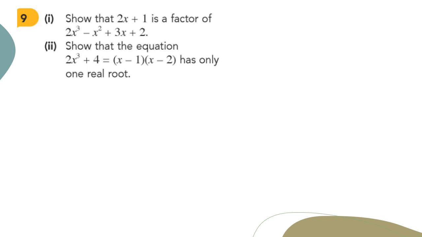Usually for this sort of question, part 1 and part 2 are related. Let's try to expand the right hand side and let's see what happens. You can use the distributive law to expand it.